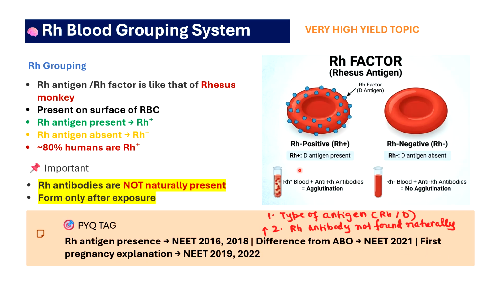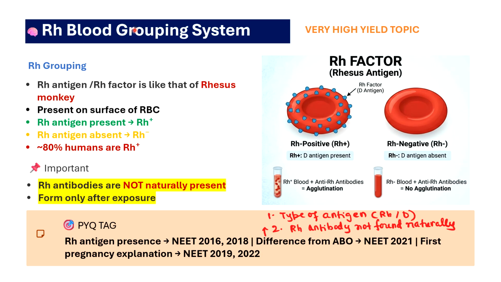Coming back to the topic, this RH blood group is because of the presence of specific antigens, that is RH antigens, that are present on the surface of RBC. These are also known as the D type of antigens. These antigens are similar to the antigens present in rhesus monkey.